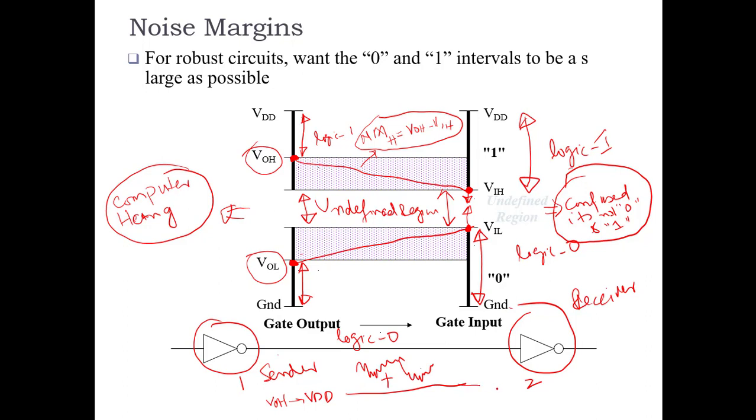On the receiver side, if it is between VIH and VDD, then fine, the receiver can understand that the sender sent a logic 1. Here is the voltage dip which will bring it down. That's why VIH is lower than VOH, to accommodate for the noise margin.